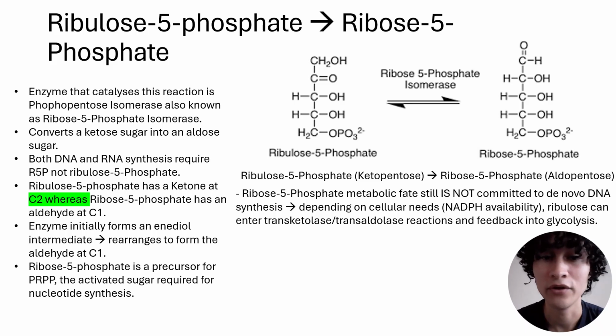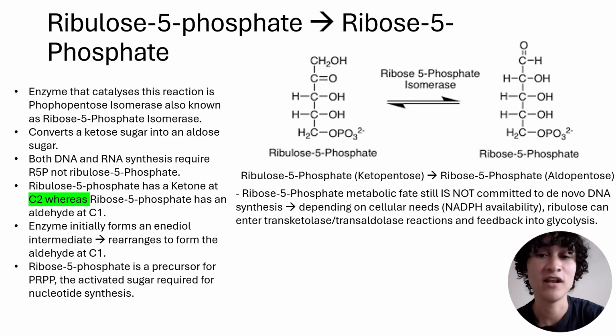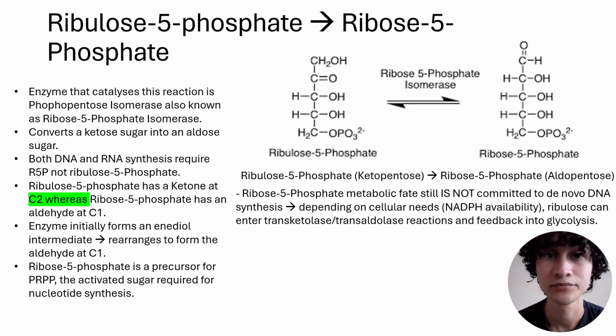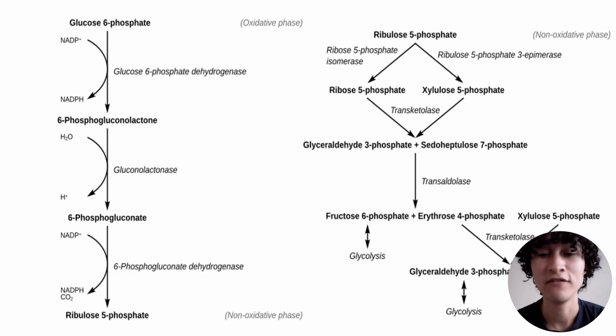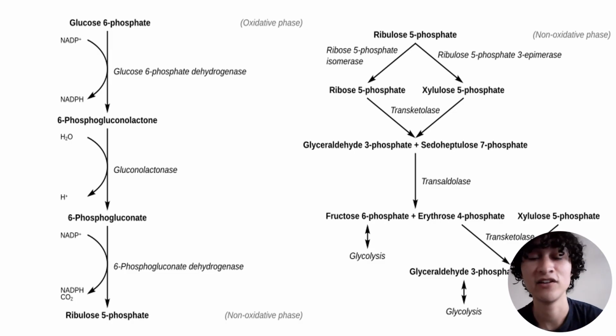Now, it's important to know that ribose 5-phosphate is still not metabolically committed to de novo DNA synthesis because, depending on cellular needs, ribulose and ribose 5-phosphate can enter transketolase or transaldolase reactions and feed back into glycolysis. So they can be used to form intermediates, like, as I said before, glyceraldehyde 3-phosphate, which can directly feed back into glycolysis. It's not until we get the formation of our phosphoribosyl pyrophosphate that we're fully committed to de novo nucleotide synthesis. That is our activated sugar.